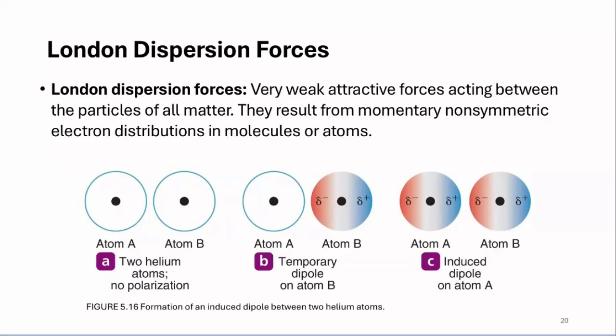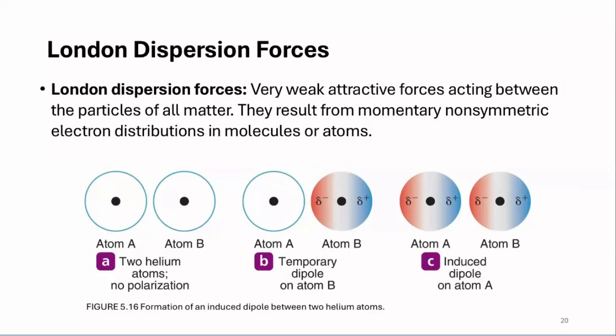What happens in London dispersion forces is that non-polar molecules, for a moment, develop a temporary dipole. This temporary dipole results from the electrons circling around the nucleus of the atom.